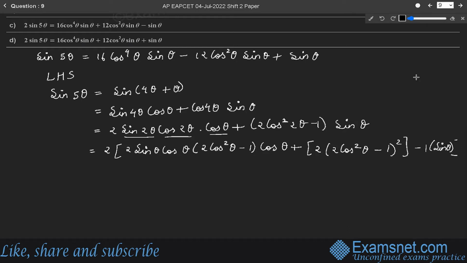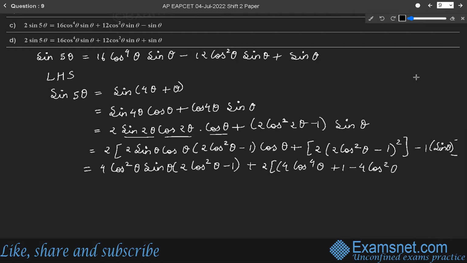On further solving this, it becomes 4 cos square theta into sine theta, and in bracket there is 2 cos square theta minus 1. Now plus 2 into 4 cos power 4 theta plus 1 minus 4 cos square theta, minus 1. See, this minus 1 is outside only, and again sine theta is remaining.